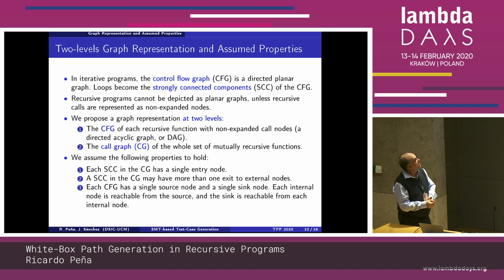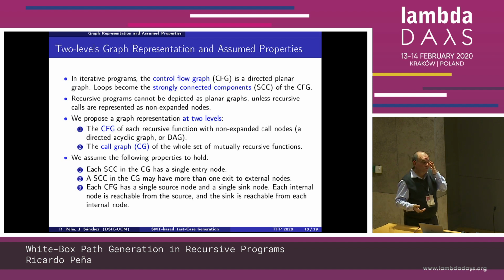But if you have a recursive program, you cannot draw this program as a planar graph. It's not easy to do because you have recursive calls, and you will have to unfold these calls, and then you get a graph inside the graph, and the number of unfoldings is potentially infinite. Then you don't get a finite graph.